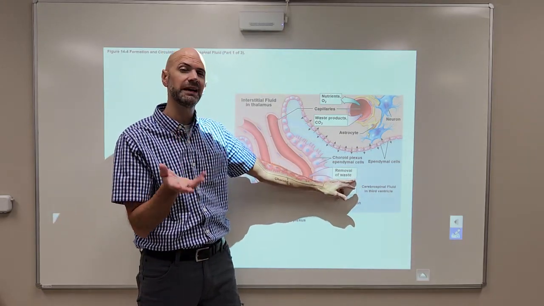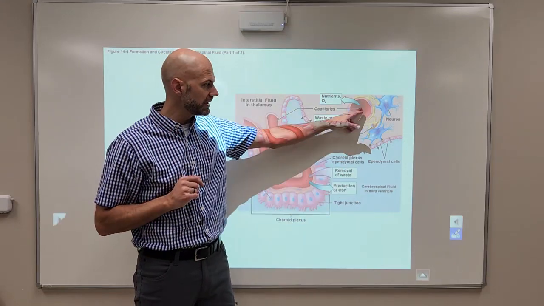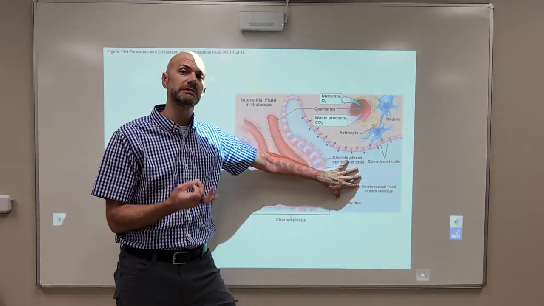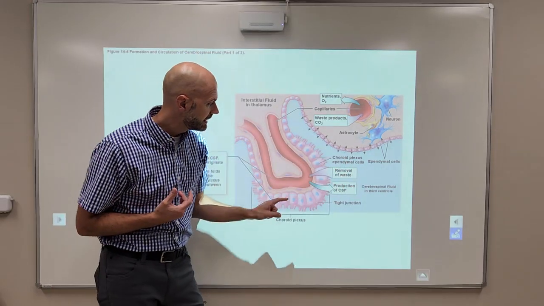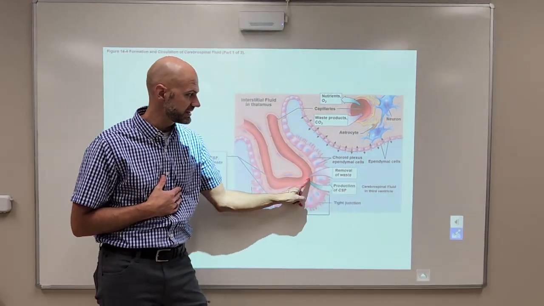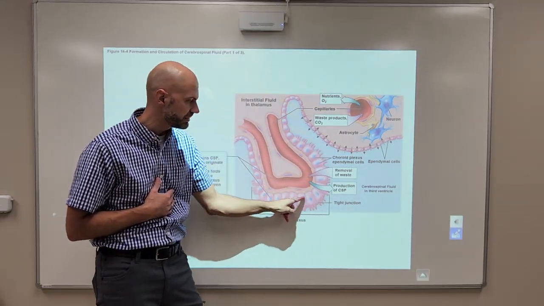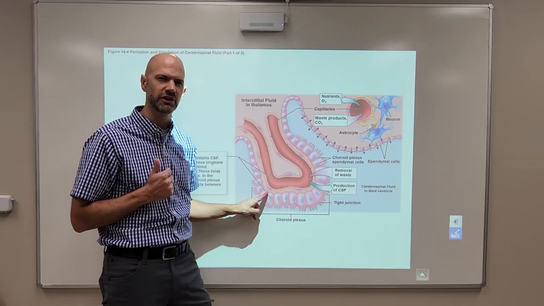Okay, it's too complicated to get into all of the reasons for that, but for now, know that blood and CSF are doing very similar things in the brain. Okay, so the exchange of CSF and the removal of waste is happening in these specialized cells here. This is the choroid plexus. Okay, an example. This is a drawing.